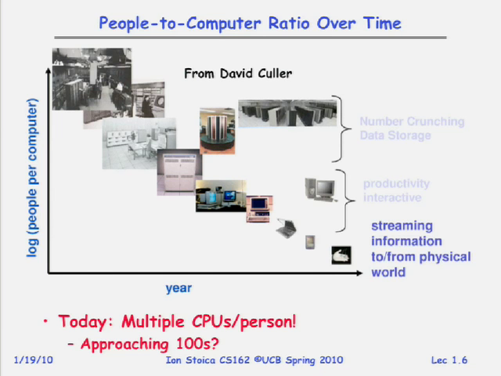As time goes on, computers become cheaper and proliferate, and the number of persons per computer decreases. And right now we are approaching very fast a point in which you have maybe hundreds of processors for each individual.